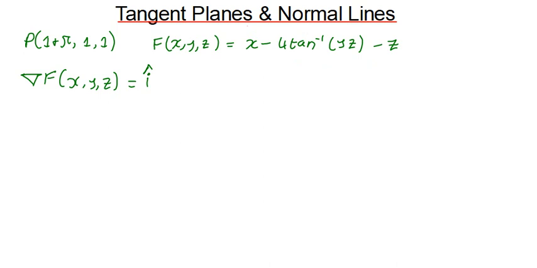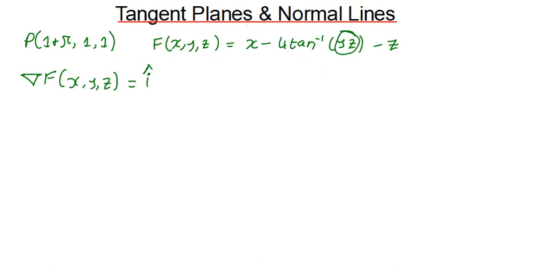Differentiate your tan inverse; if I'm differentiating with respect to y, I multiply by the derivative of the angle with respect to y, because those are partial derivatives. If I'm differentiating with respect to z, I differentiate everything, then multiply by the derivative of the angle with respect to z.